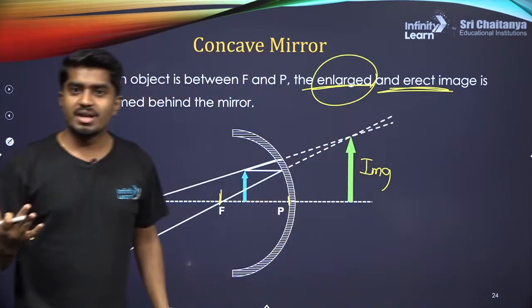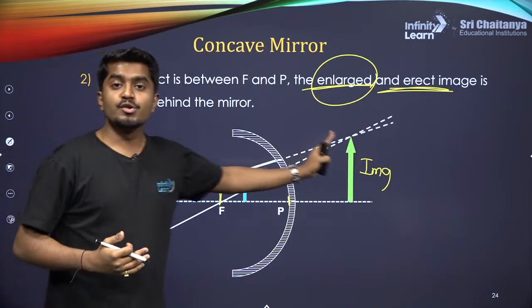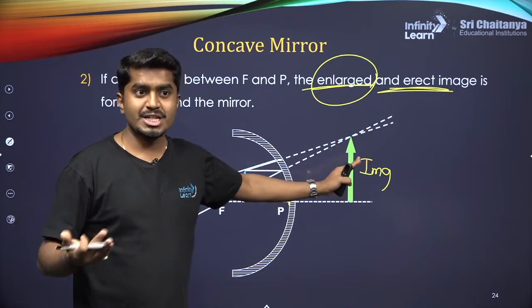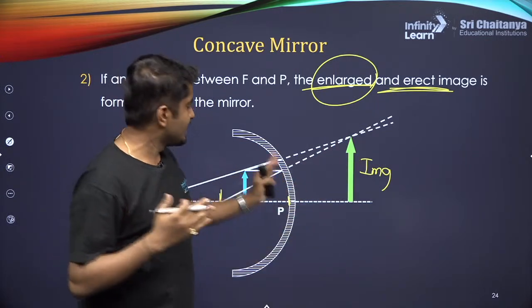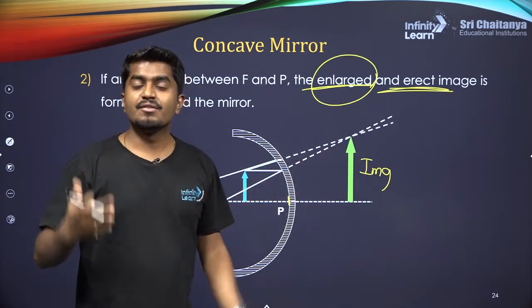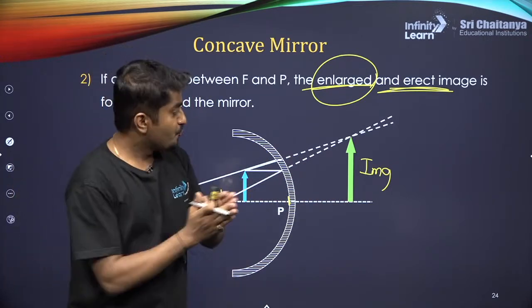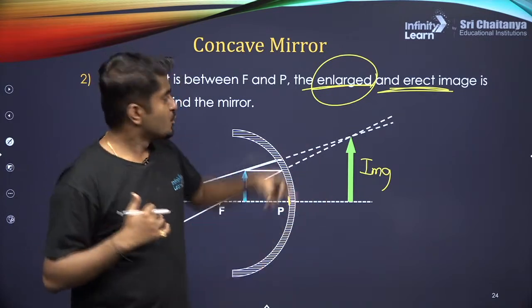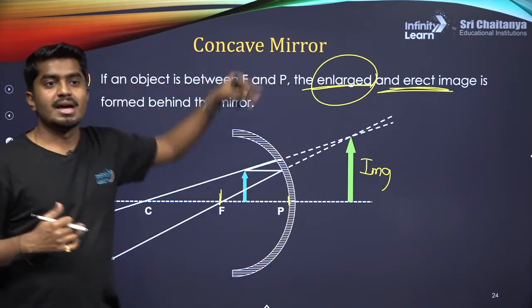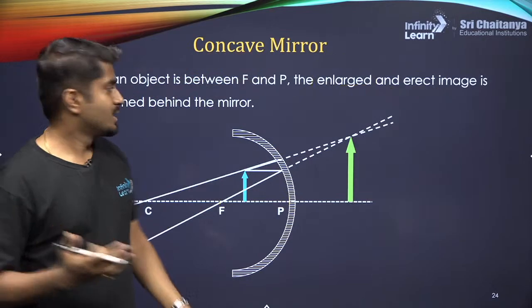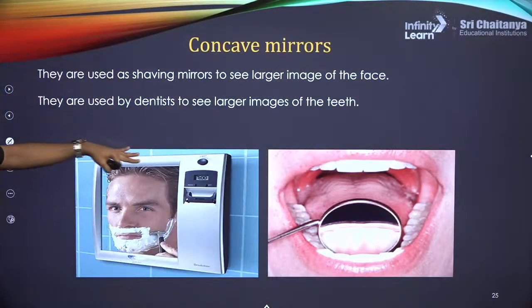A concave mirror can produce a virtual and erect image. In the plane mirror, it is also a virtual and erect image, but it will be the same size. We want an enlarged image, so we can use a concave mirror. And where do we use this? People can use it for shaving, like these shaving mirrors.